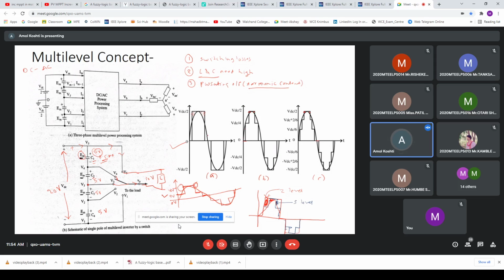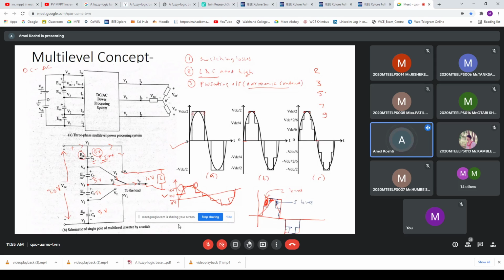Or the purity of this sinusoidal waveform, as compared to the first two, the purity of the sine is more in the second and third waveform. The filter will be there, but the value will be changed as we increase the multiple levels. Suppose, for example, we start from 2 levels, then 3 levels, 5 levels, 7 levels, 9 levels.